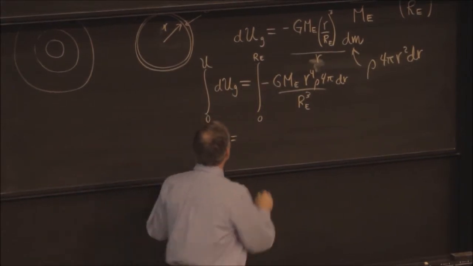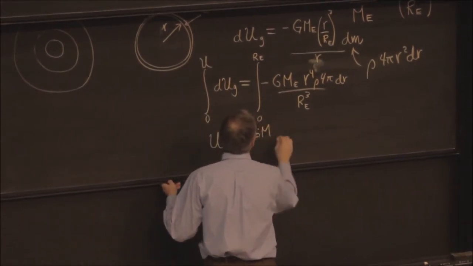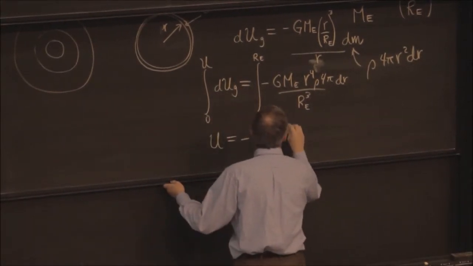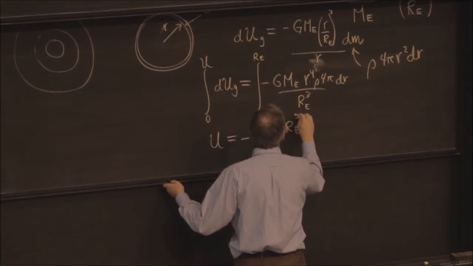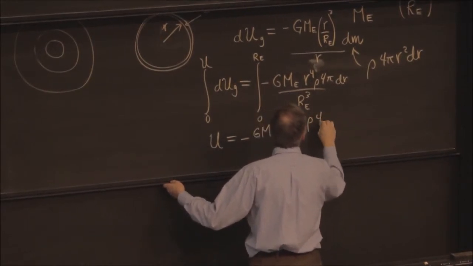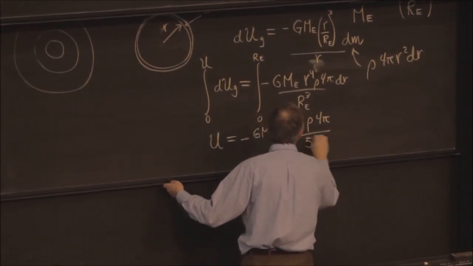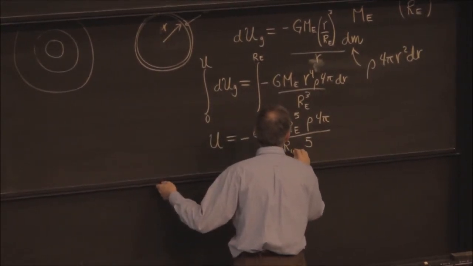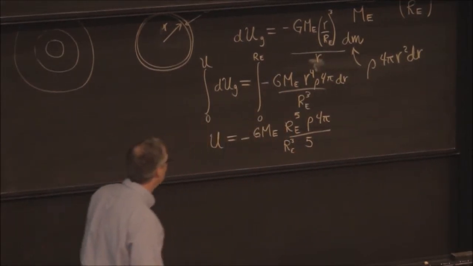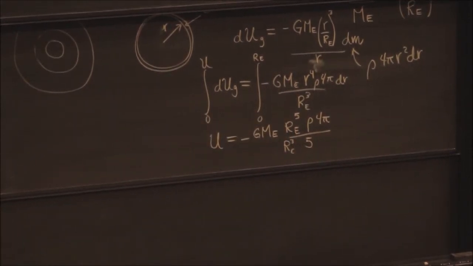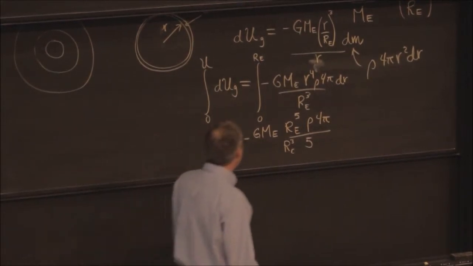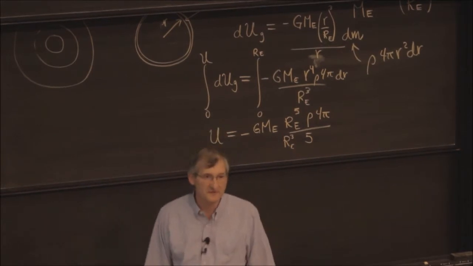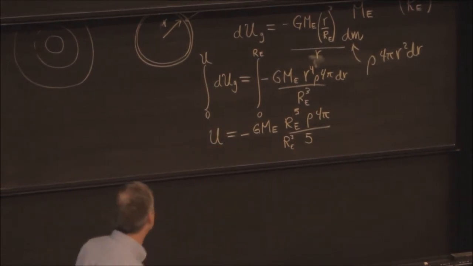So we get minus big G mass of the Earth, radius of the Earth to the 5th power rho 4 pi over 5, and radius of the Earth cubed. Yuck. Okay, I want to swipe some powers of the radius of the Earth to convert rho and 4 pi and stuff into the mass of the Earth.